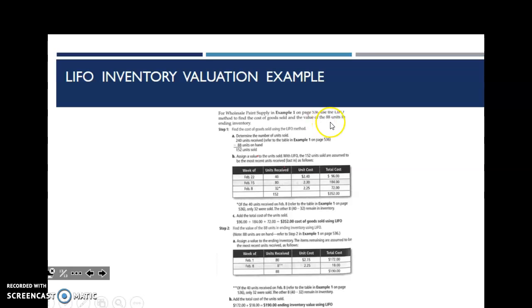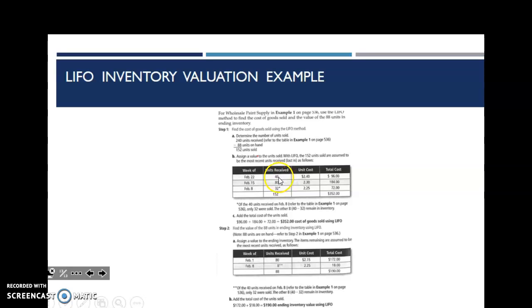Of course, we still have our 88 units of masking tape in ending inventory, so we're going to figure out the number of units sold. Now remember, we're using the last ones first, so we flip-flop from FIFO. We still have sold 152 units, but this time we're selling the last ones we purchased first.